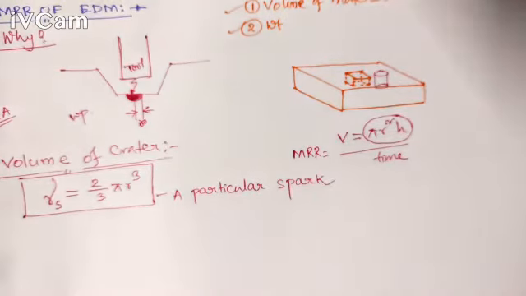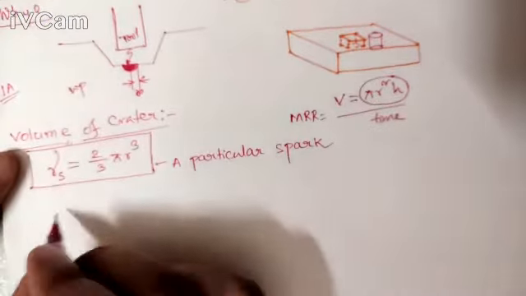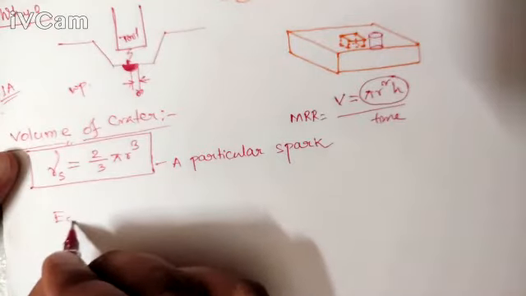Now, this is somehow related to spark energy. Yes or no? So possibly yes. So let us try to estimate how much the spark energy is. We can represent spark energy by ES.